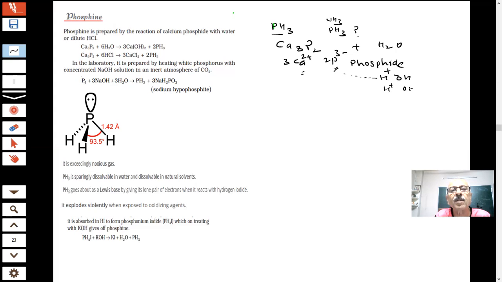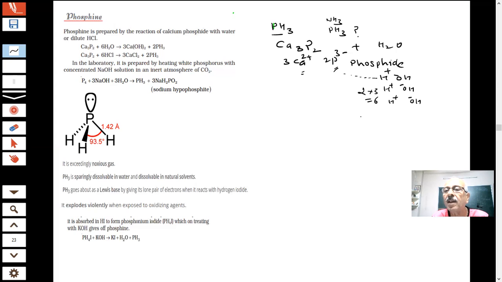You have 3 minus, and 3 plus, 1, 2, 3. But there is a 2 here. So how many water molecules will be used then? 2 into 3, how many? 6. I'm just trying to calculate everything.